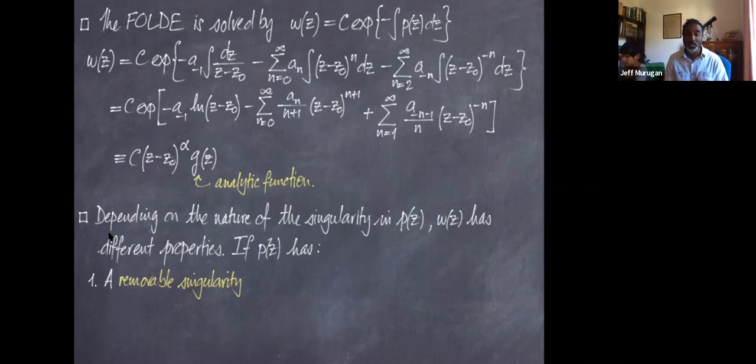singularity. A removable singularity is one where all the coefficients of the negative powers in the Laurent expansion are zero. So in particular, what this means is that A minus n equals 0 for all n greater than or equal to 1. So A minus 1, A minus 2, A minus 3, all the way through to A minus infinity, all of those coefficients vanish. In other words, my Laurent expansion collapses to a Taylor expansion, right?